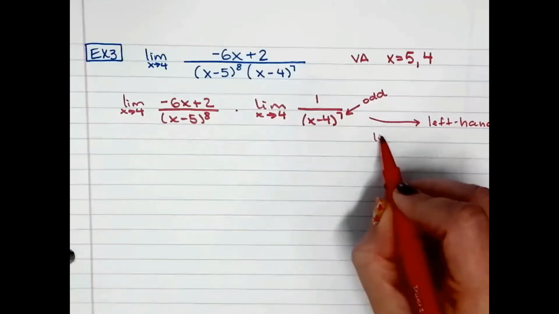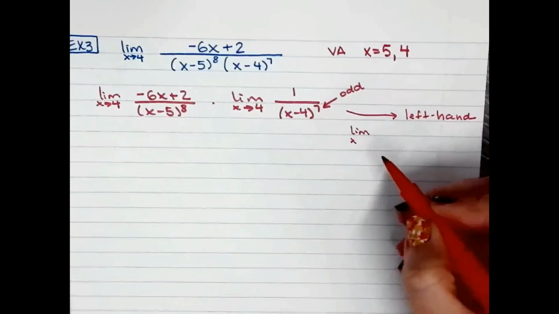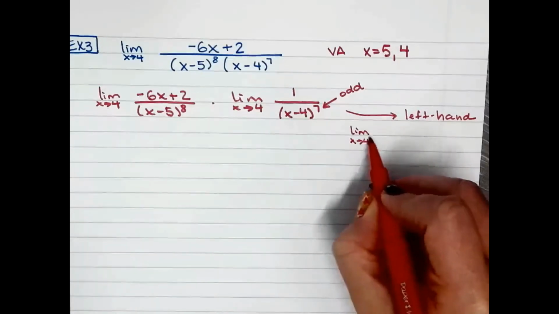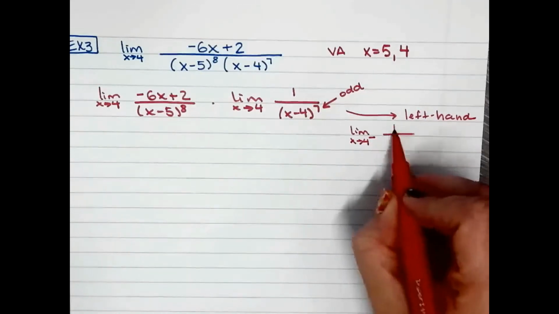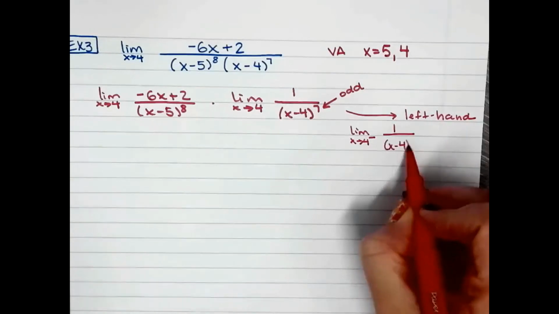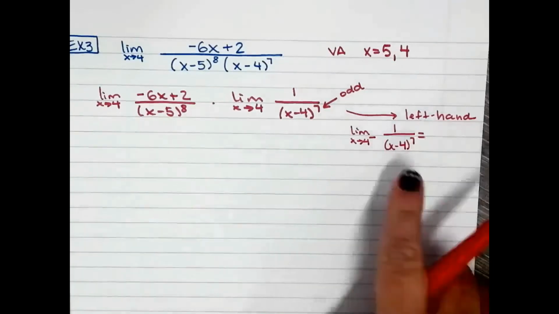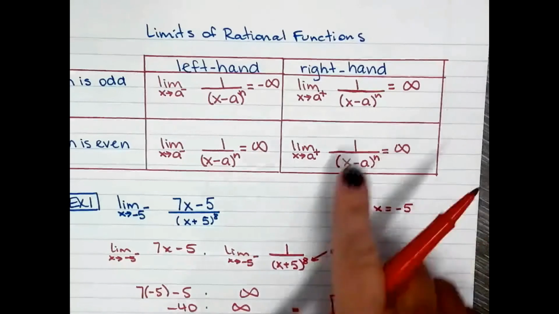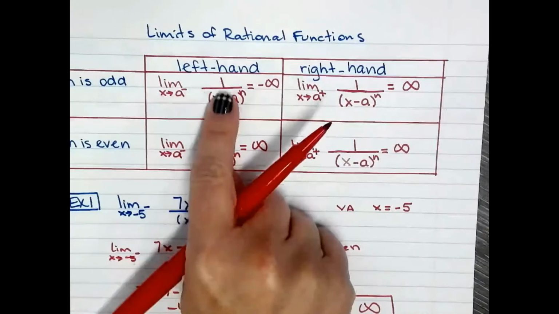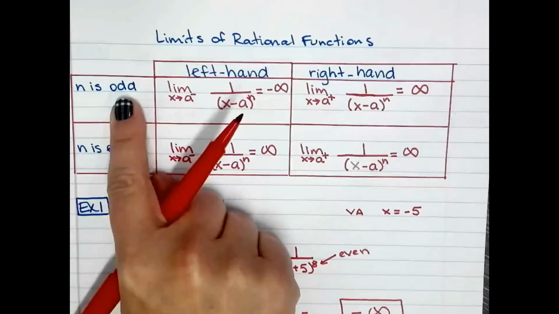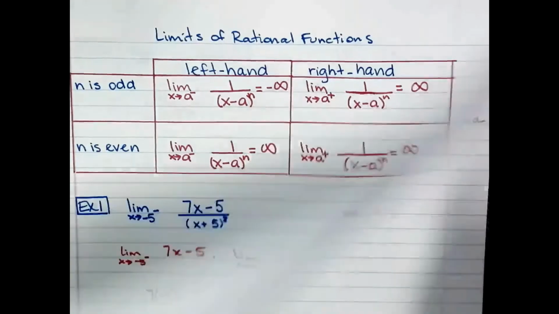It's the limit as x approaches 4 from the left of 1 over x minus 4 to the 7th power. Now I have something. Go back to the chart. I have left hand limit and the odd exponent, so negative infinity.